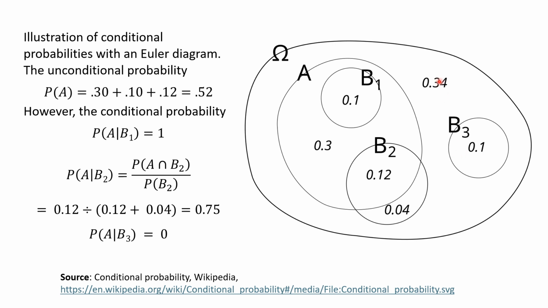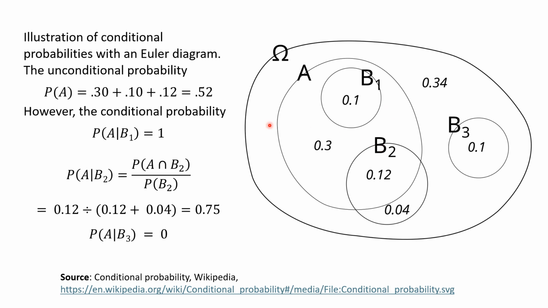And this 0.34 is basically the probability that neither A nor B2 nor B3 happens. It's sort of the complement of these 3 events. So if you add all these together, you should get 1.